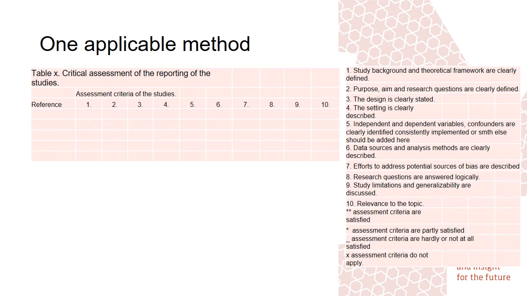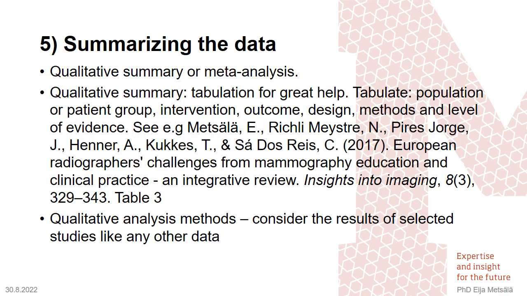Maybe if you have a large report, for example, thesis report, you can write more there about the quality assessment of different studies, even if you use checklists. But yeah, there are pros and cons in using different methods.